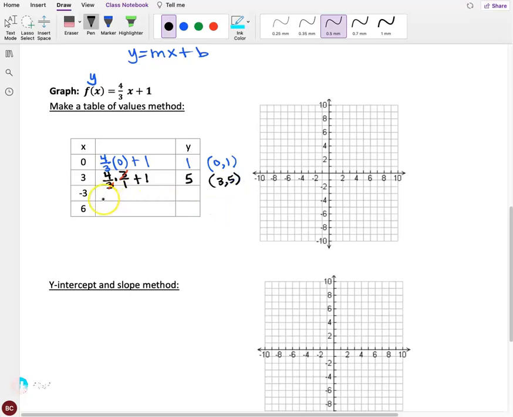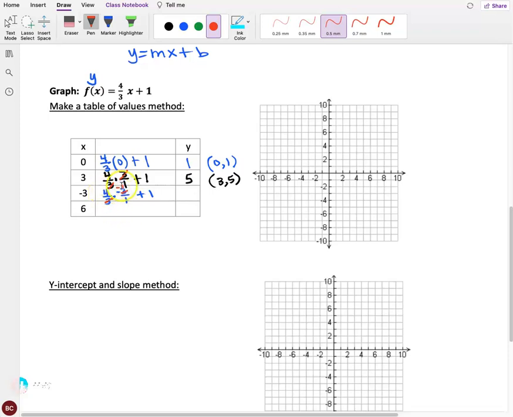And then I could do -3 also for that. So 4/3 times -3/1, and then plus 1. Again, I've got those 3's that divide out here. However, I'm still left with a -1 there, because that was a -3.